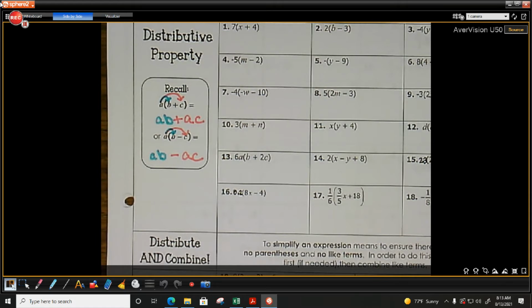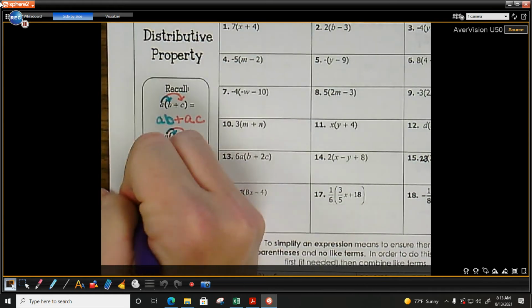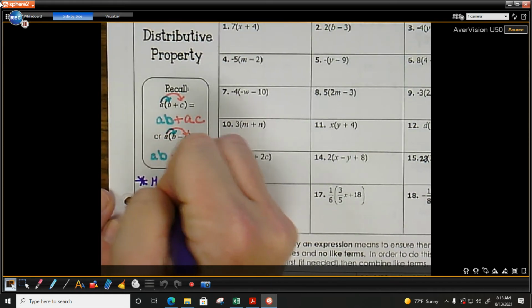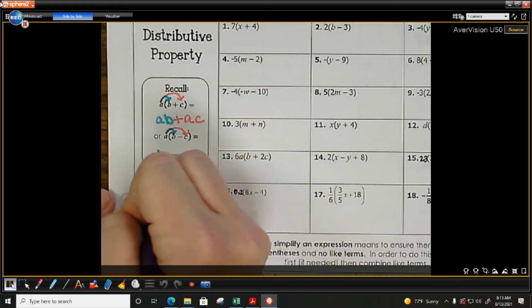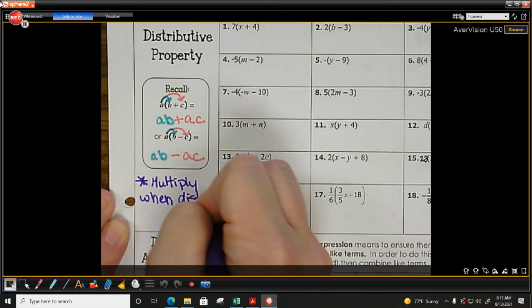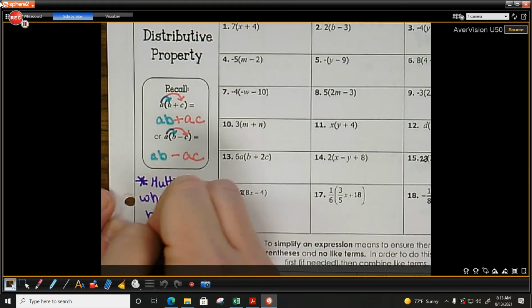Multiplication. So let's maybe write a little note of that. Multiply when distributing.